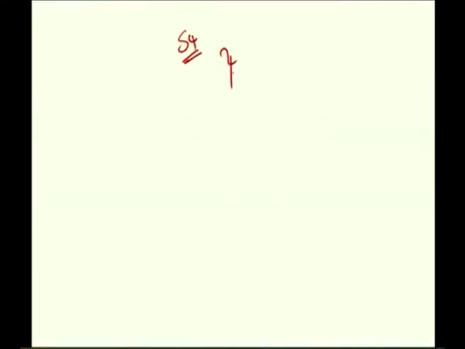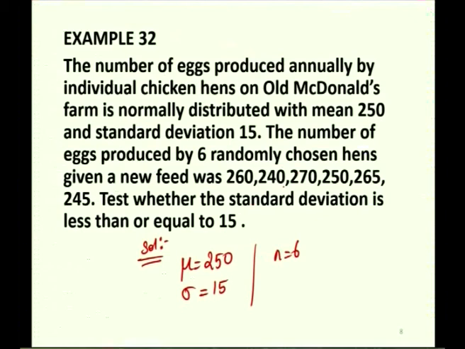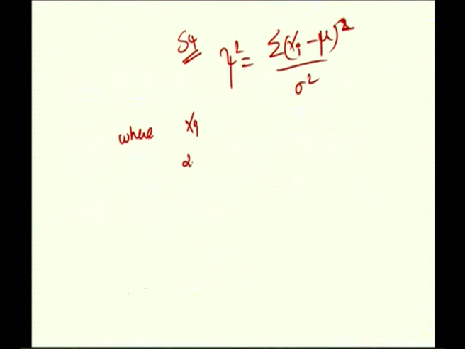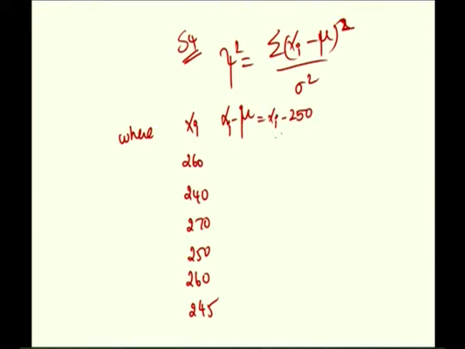Step 4: chi-square is equal to summation xi minus mu whole square by sigma square, where xi values are 260, 240, 270, 250, 260 and then 245. Xi minus mu values is xi minus 250 values.